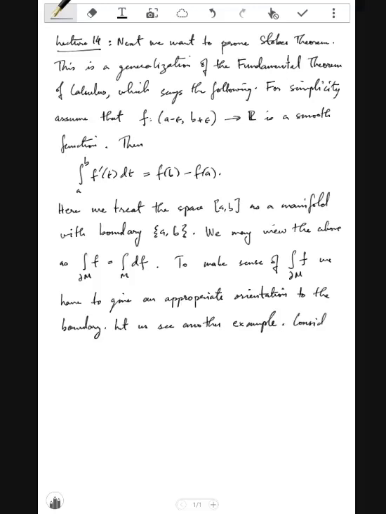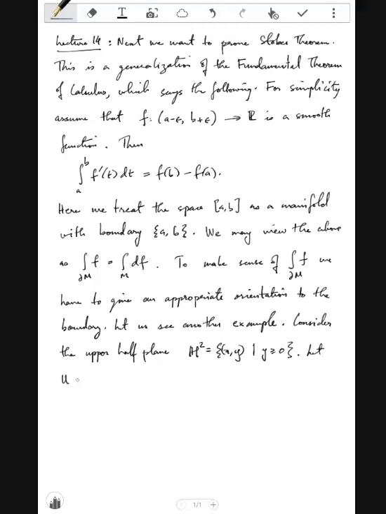Consider the upper half plane, consisting of those points in R2 such that the y coordinate is greater than or equal to 0.